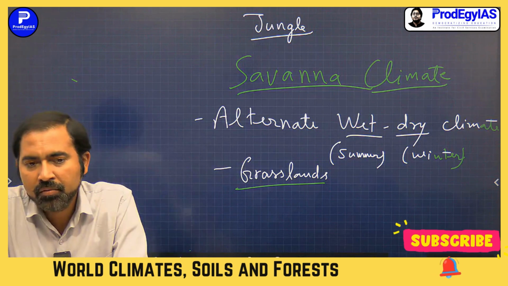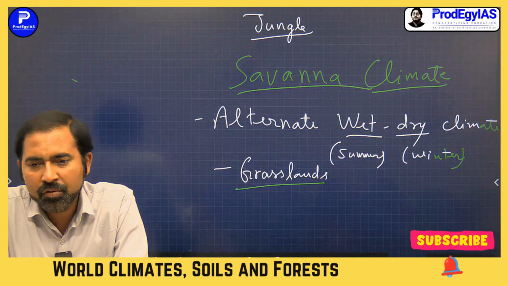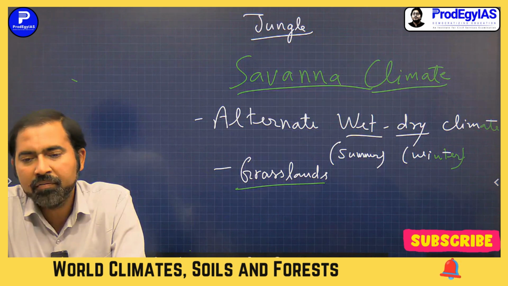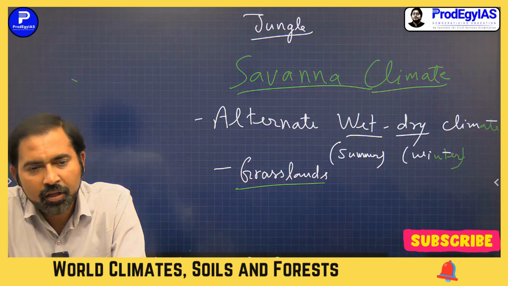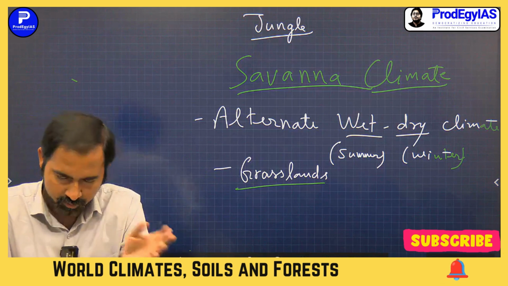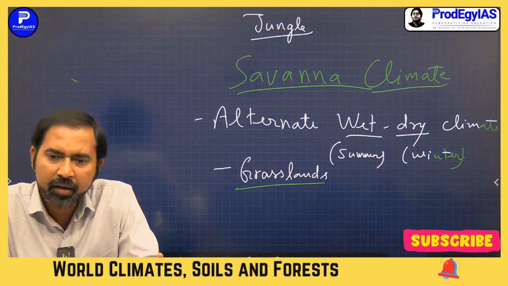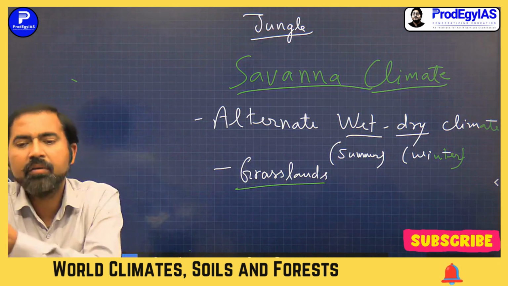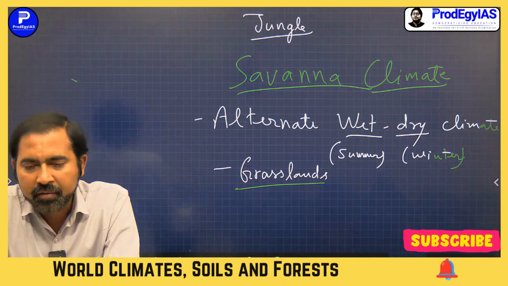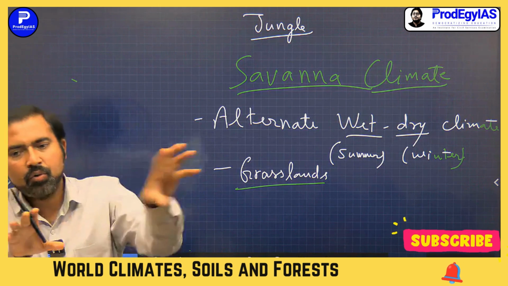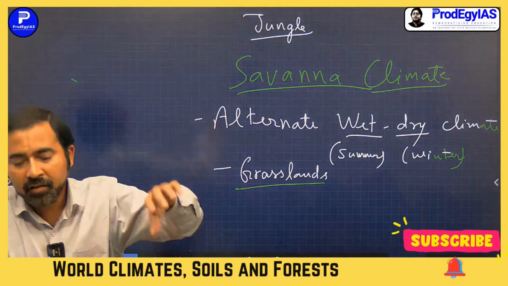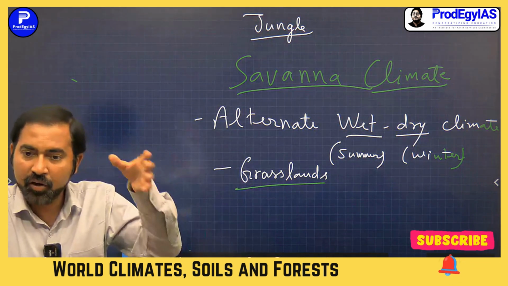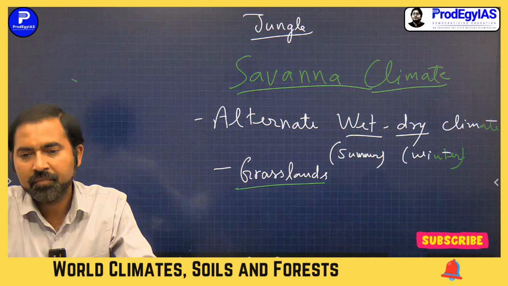Then they do the packaging of those meat parts and they export it. This is also a type of cattle ranching only, whether it is run for dairy products or it is run for meat packaging industry, right? So agriculture and those industries are related with each other and they are based on a particular type of climate and on a particular type of soil, right?